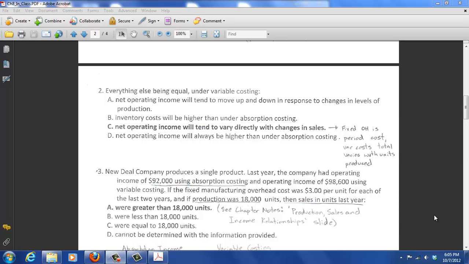And the intuition for this is that when we're using our variable costing, the fixed overhead is a period cost that's not included in the cost of your actual product. So basically, the variable costs here are going to vary directly with the number of units produced, and in turn, the net operating income will also tend to vary directly with your changes in sales.